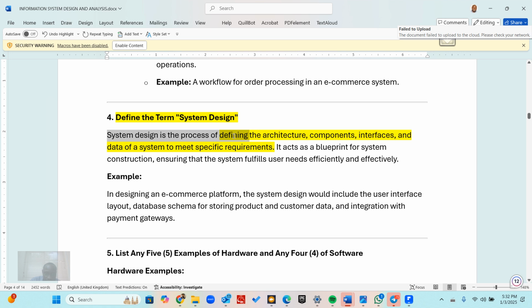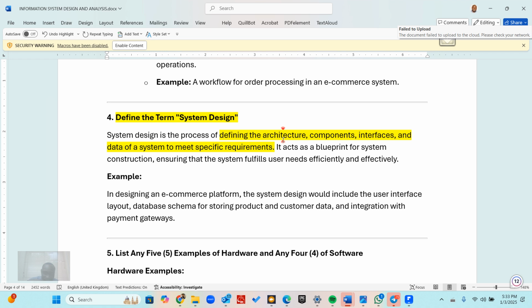System design is the process of defining architecture, components, interfaces, and data of a system to meet specific requirements. It acts as the blueprint for system construction, ensuring that the system fulfills user needs efficiently and effectively.